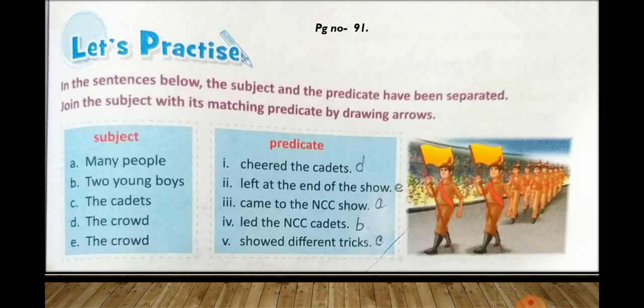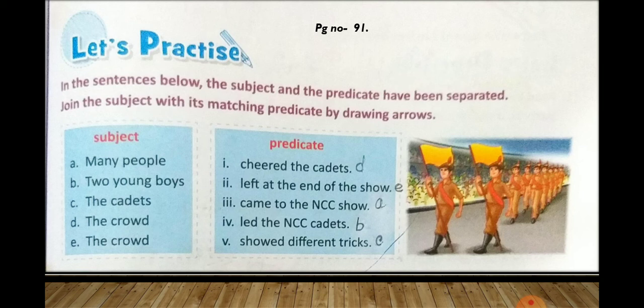Now, let's move to page number 91. So, we will do let's practice. So, what we have to do here, in the sentence given below, the subject and the predicate have been separated. Join the subject with its matching predicate by drawing arrows.